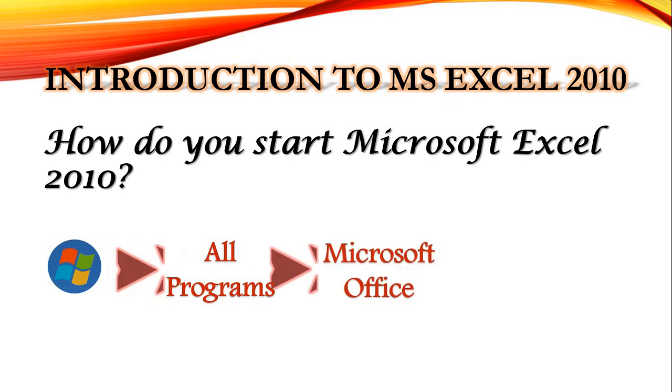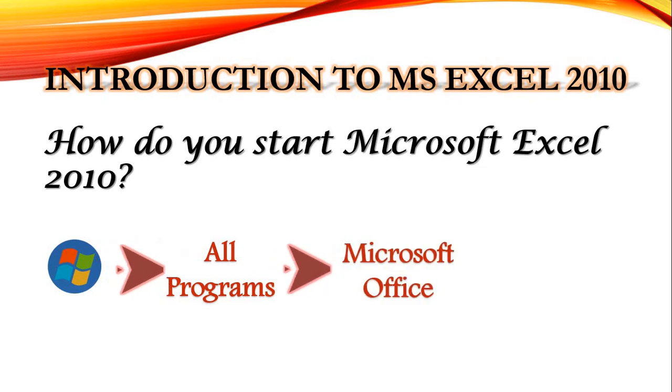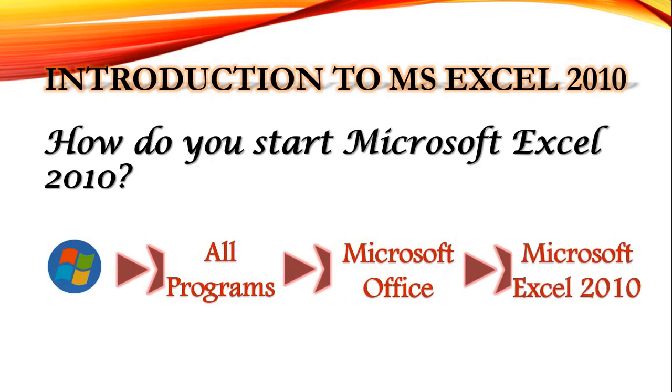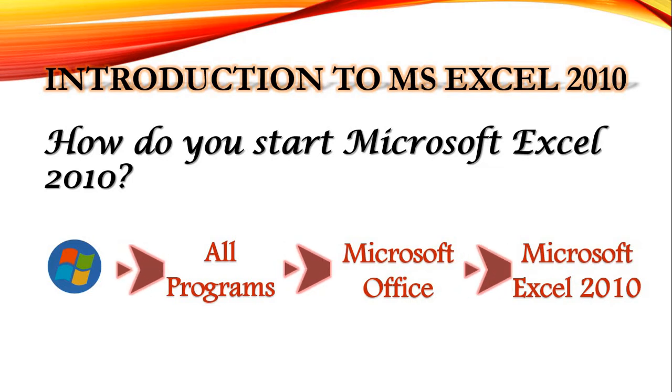After that, you need to select the Microsoft Office folder. In the Microsoft Office folder, all the components of Microsoft Office will be displayed. From that, you need to click on the Microsoft Excel 2010 option. When you click on it, it will open the Microsoft Excel window named Book 1. These are the steps to start Microsoft Excel 2010.